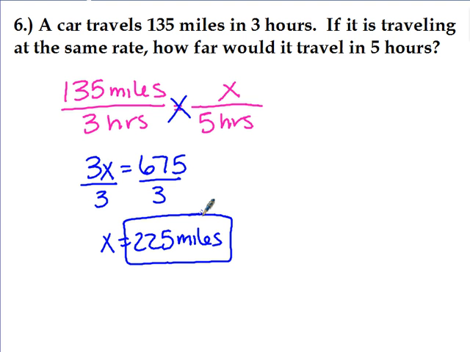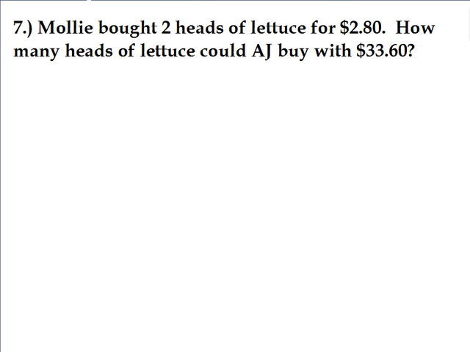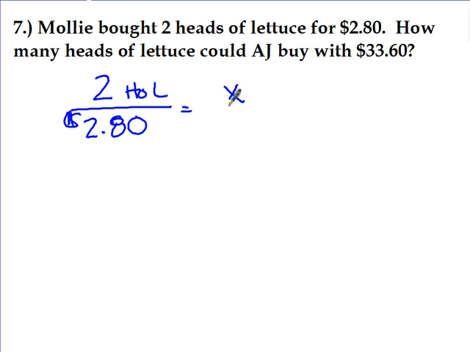And finally, Molly bought 2 heads of lettuce for $2.80. How many heads of lettuce could AJ buy with $33.60? So 2 heads of lettuce for $2.80. How many could we buy for $33.60?